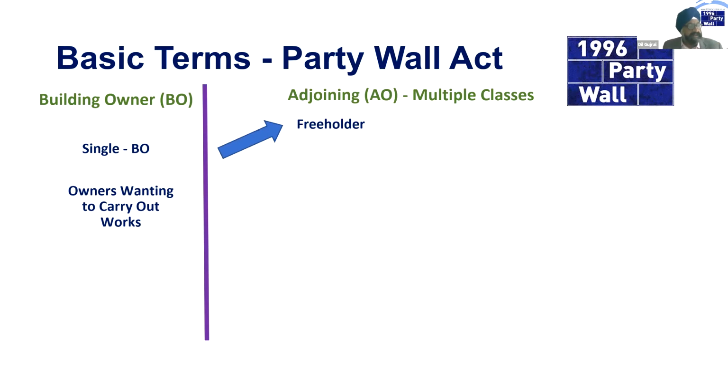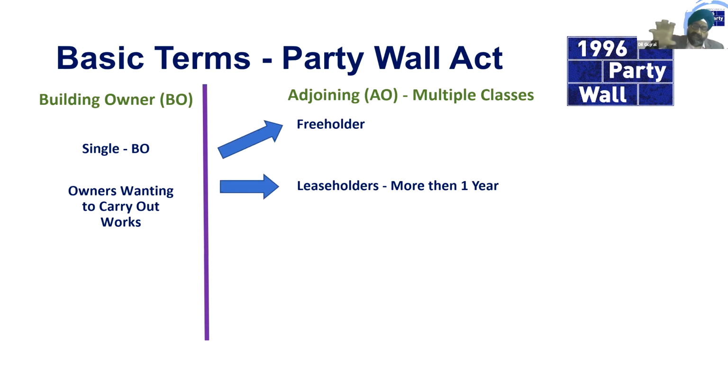So you have freeholders. You also have leaseholders. Now, leaseholders are more than 1 year, so leases of more than 1 year. Leases of more than 7 years need to be registered on a land registry. A land registry is where Party Wall surveyors, when they serve notices, pick up who they need to serve notices to.